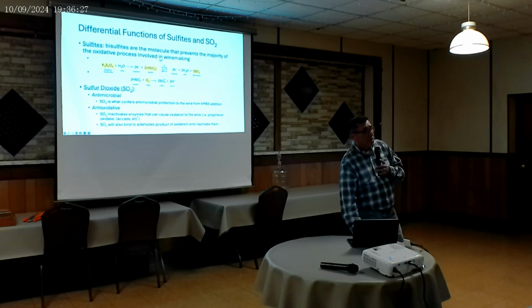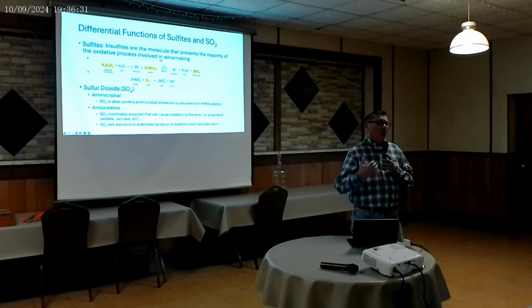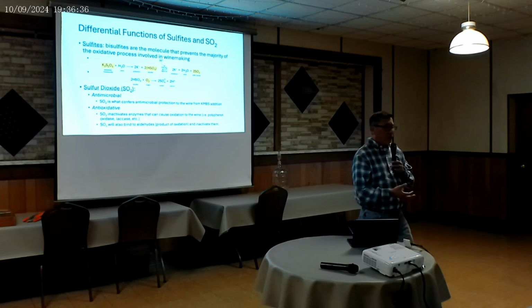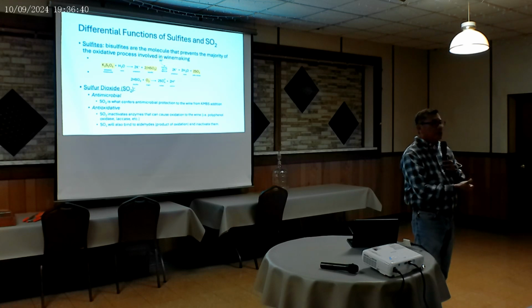SO2 does have some antioxidative properties, and one is it inactivates enzymes that cause oxidation of the wine. These are like polyphenol oxidase, and polyphenols, of which the tannins and the anthocyanins are examples.